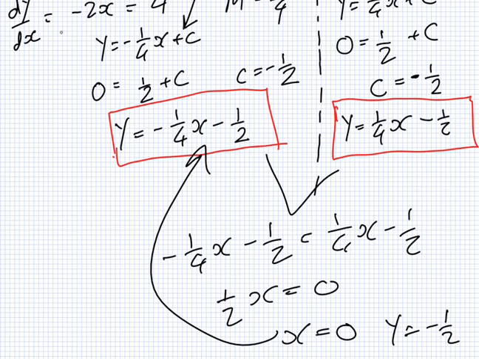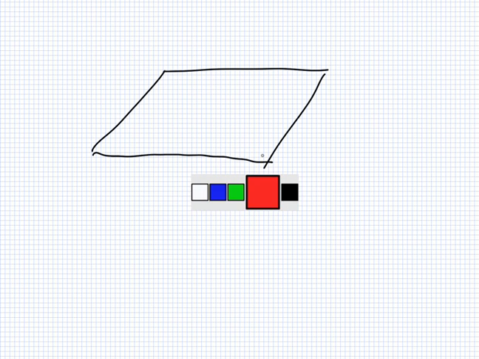So what's happening in this question is you have a square piece of paper. And I say in the question you are to cut a corner away from each corner.